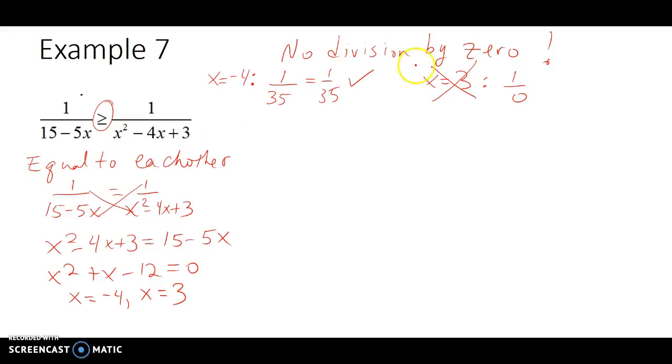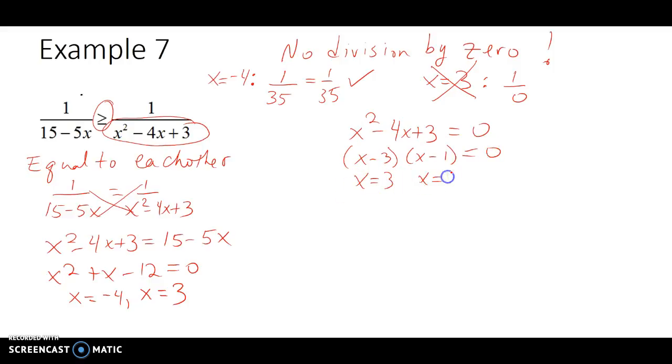Our other considerations for division by 0 would come from the solutions to this equation. So we need to know where that's equal to 0. Well, that's factorable. So that's at x equals 3 and x equals 1. We've already talked about the fact that x equals 3 cannot be a solution. So now we need to check x equals 1.